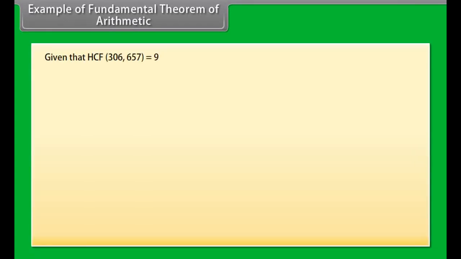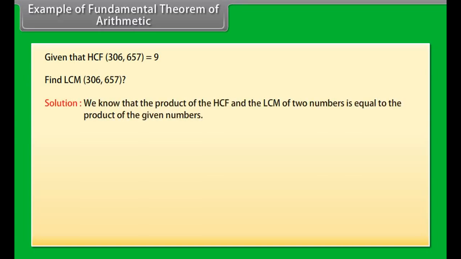Examples of the fundamental theorem of arithmetic. Given that HCF(306, 657) is equal to 9, find LCM(306, 657). Solution. We know that the product of the HCF and LCM of two numbers is equal to the product of the given numbers.